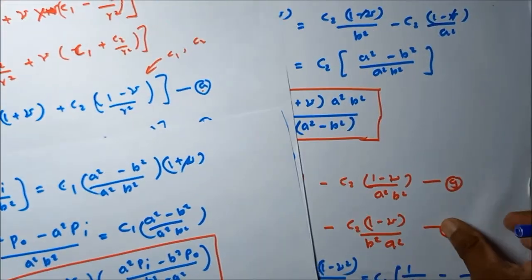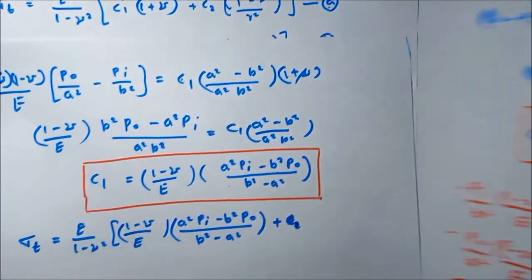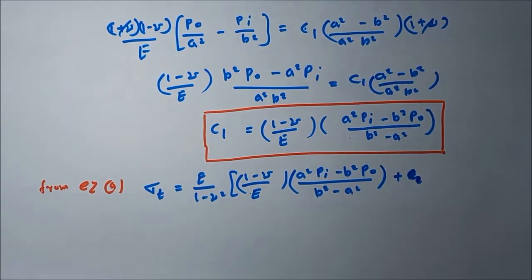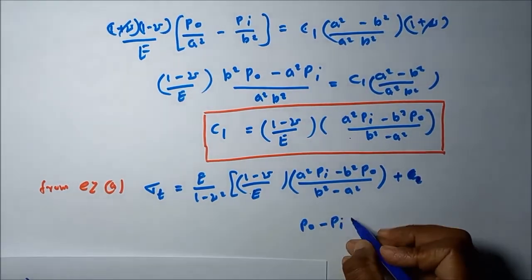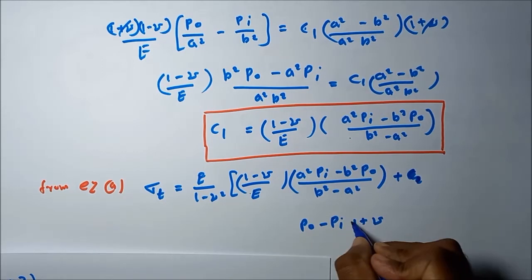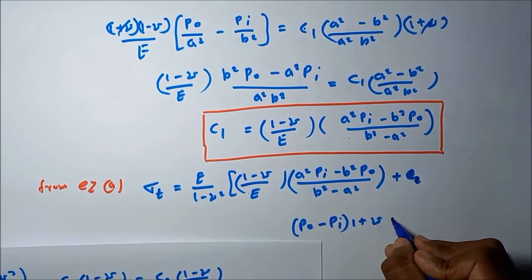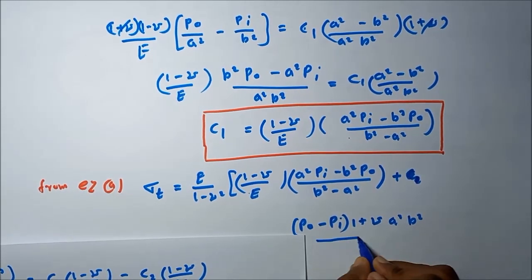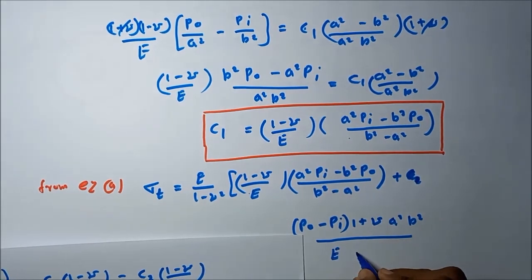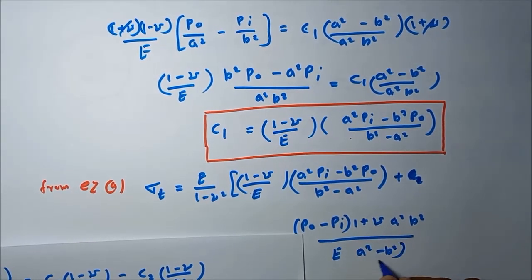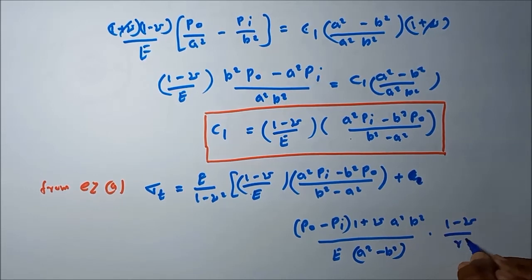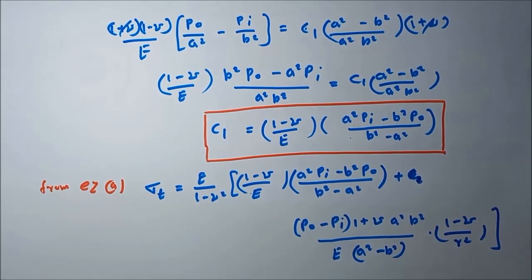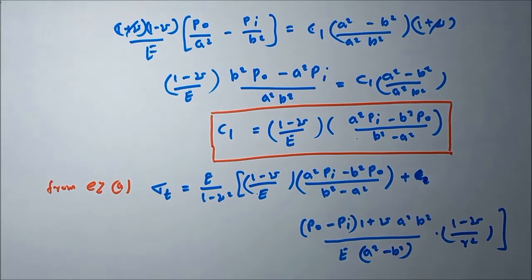We obtain c2 as (po minus pi) times (1 plus nu) a square b square divided by E into (a square minus b square), into (1 minus nu) divided by r square. Okay, this is sigma t.